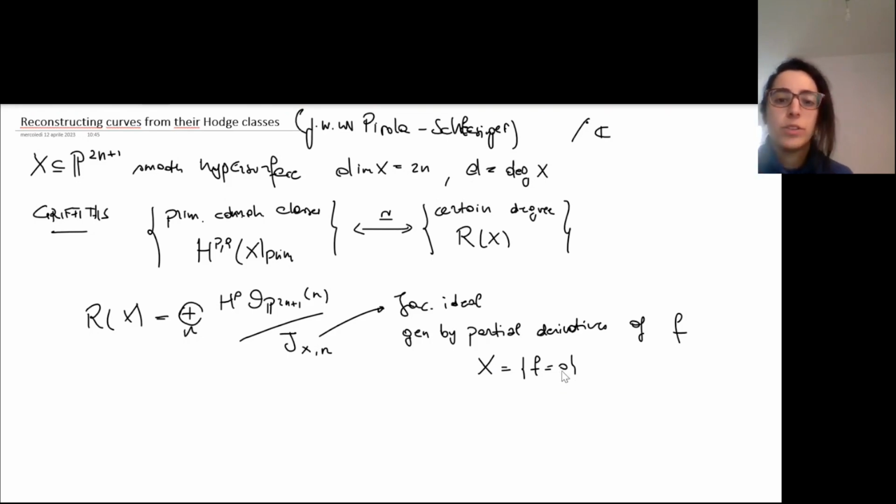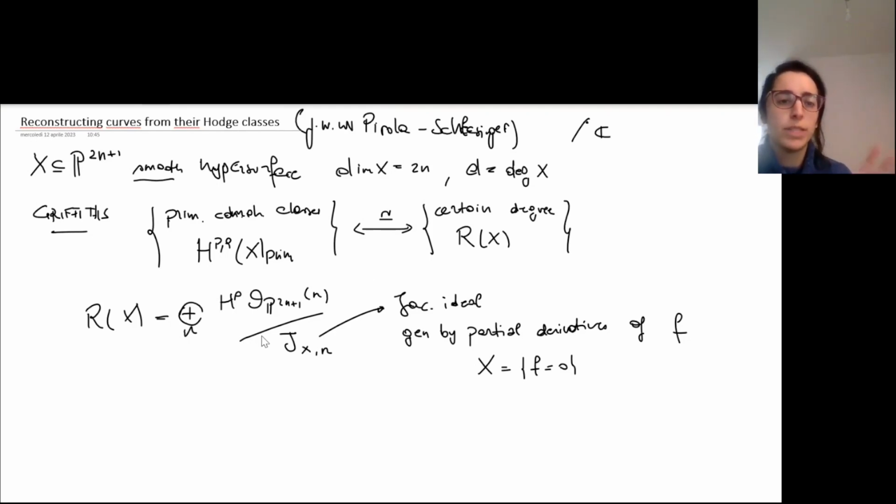So what's the point? The smoothness of the hypersurface is crucial, because if X is smooth, the partial derivatives of f don't have common zeros, so it is an Artinian Gorenstein ring.